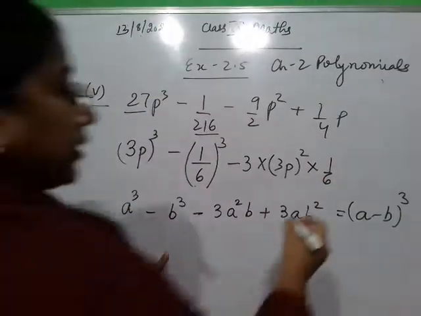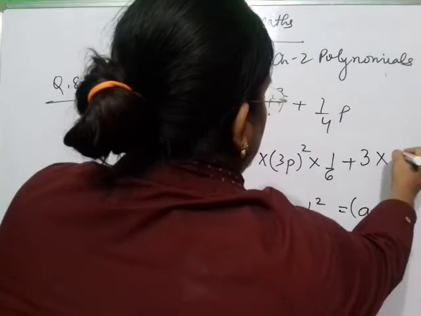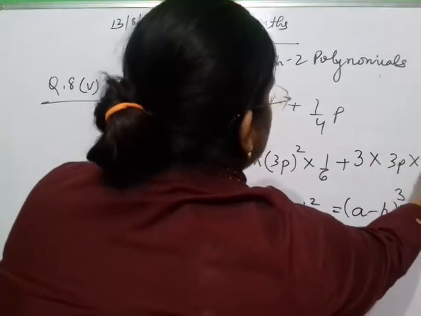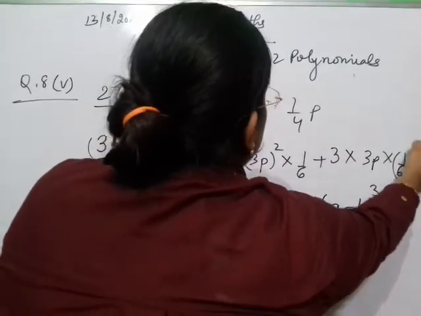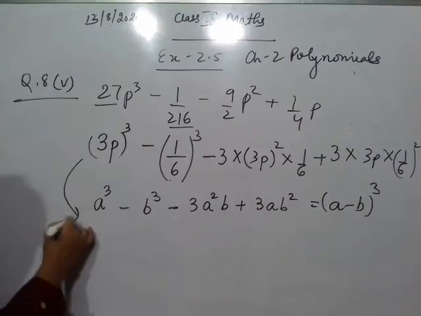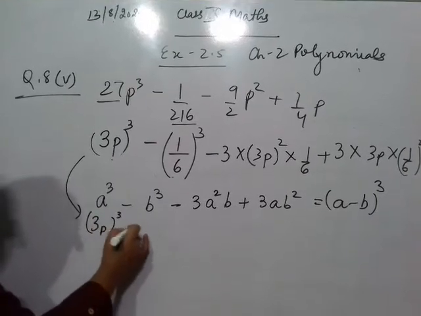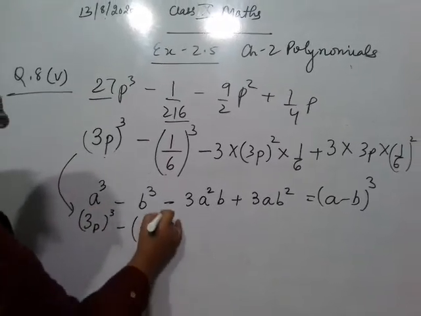Then plus 3 into a, a is 3p, into b square, so (1 by 6) whole square. Now the second step of this, it is (3p) whole cube minus (1 by 6) whole cube.